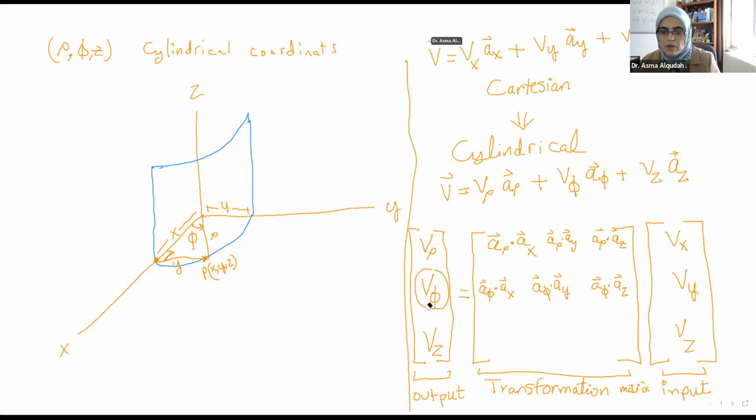Now we move to the third component, which is V sub z. V sub z is the result of multiplying the third row with this column.